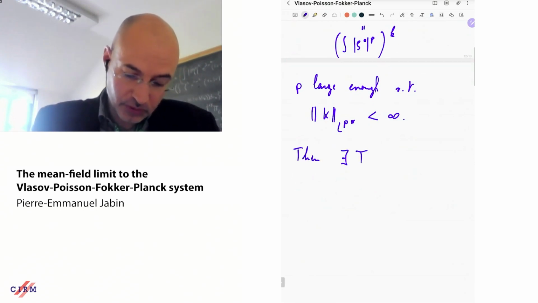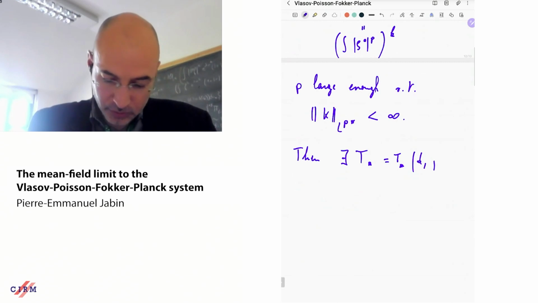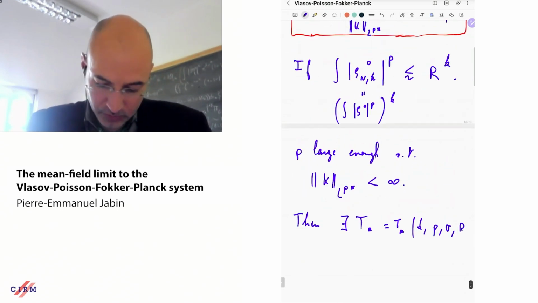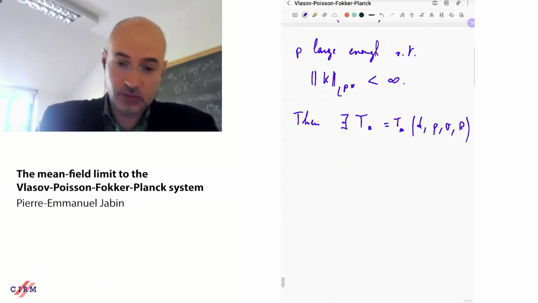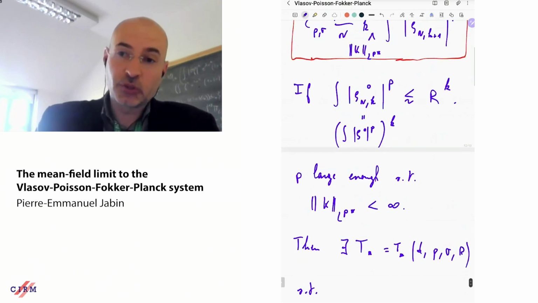And there exists a T star, which is a T star of the dimension, of p, of sigma, and all the constants showing up here, so R, but not N, such that this remains true.